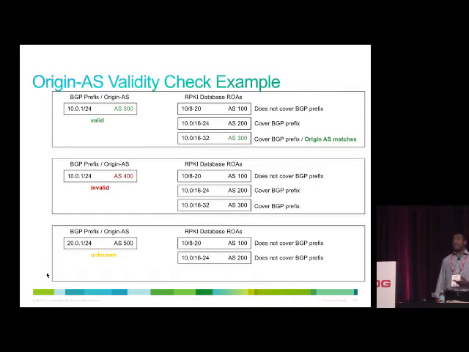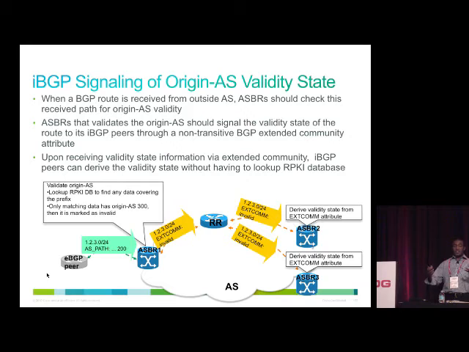This is the most suspicious scenario, when it is invalid. The third case is it didn't get any match. So it means that prefix is not registered in the RPKI infrastructure, so this router has not received an ROA entry for that prefix. In that case, it is unknown. Once the router receives that information, it communicates it to all the iBGP speaking routers in the network via extended community.